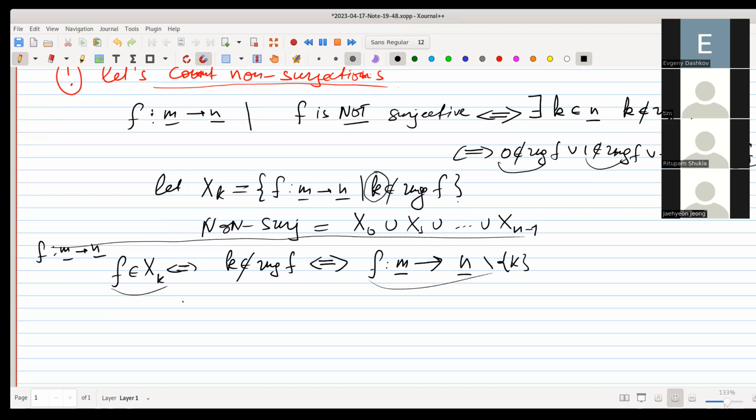So X_k is just the set of all functions from M underlined to N minus k underlined. How many do we have? We know the sizes of two finite sets.